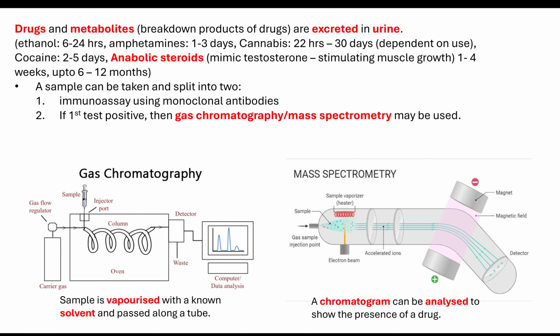And what you then get is a chromatogram that can be used and analysed to show that presence of a drug. So they want you to know the names of gas chromatography and mass spectrometry. They will not expect you to go into any more detail unless you are doing A-level chemistry. So if you are, you do need to look at more detail how these work.